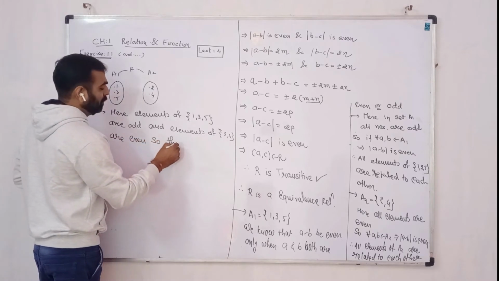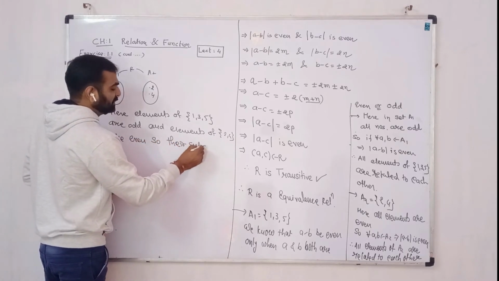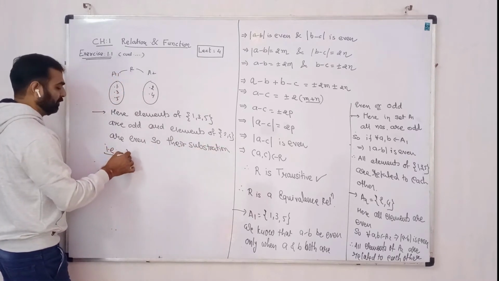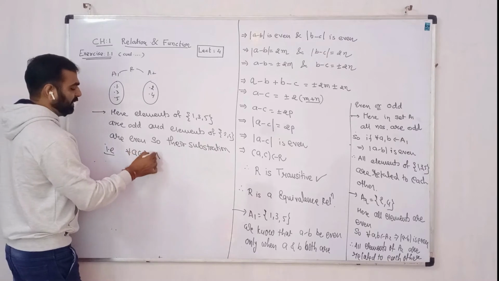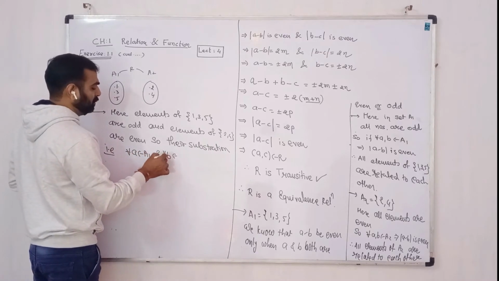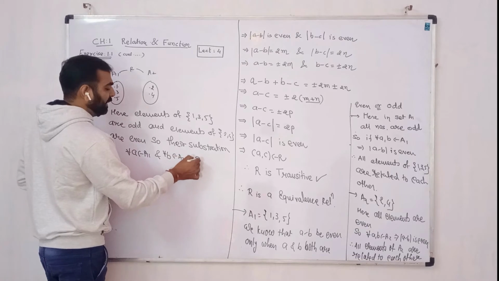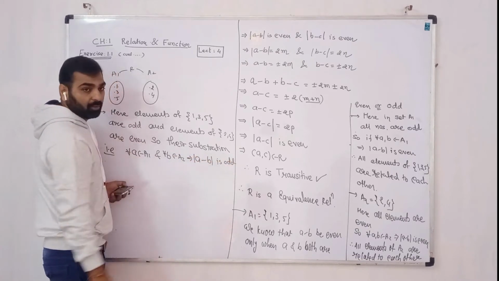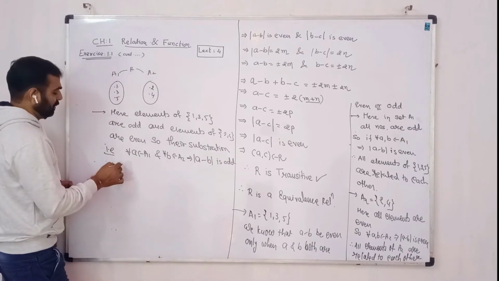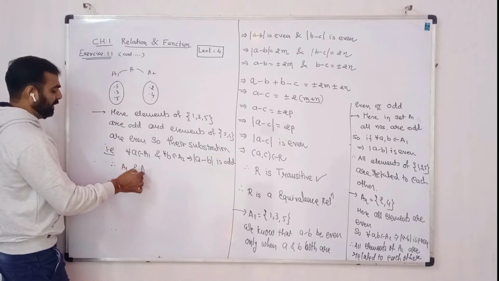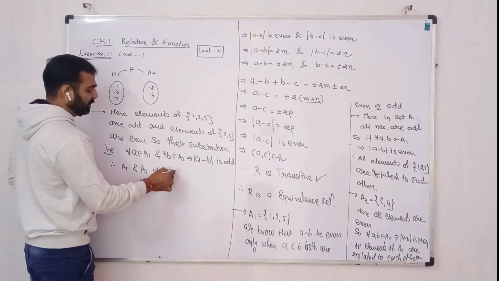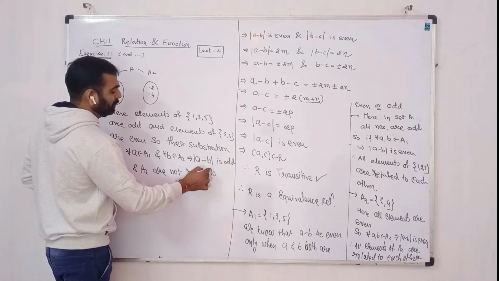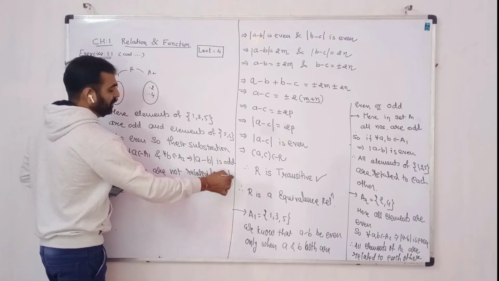So their subtraction, that means for every A belonging to A1 and B belonging to A2, that implies A minus B is odd. Therefore A1 and A2 are not related to each other.